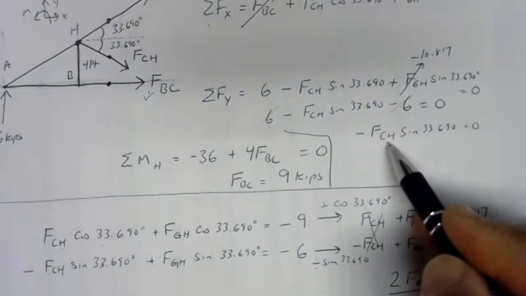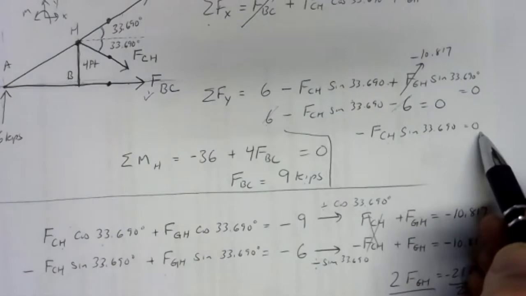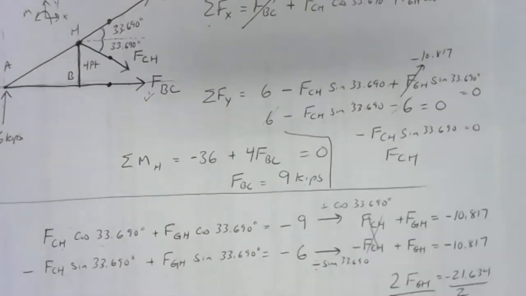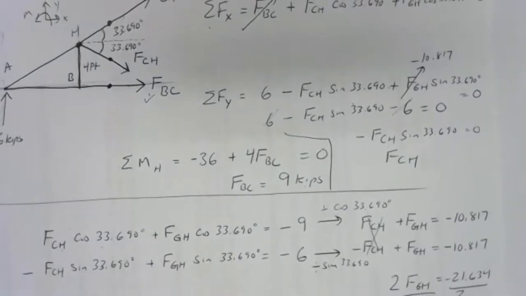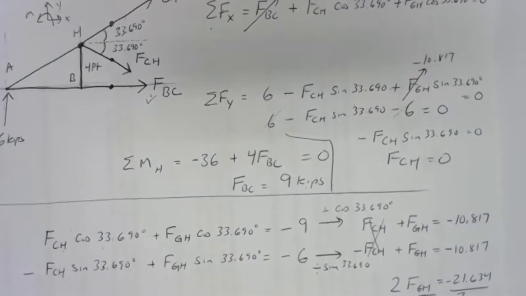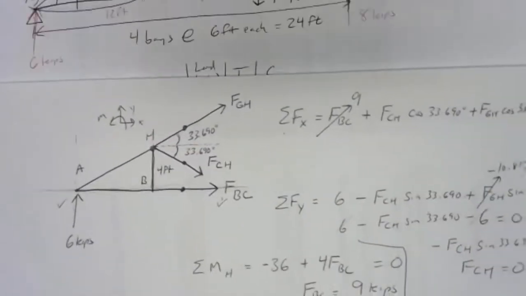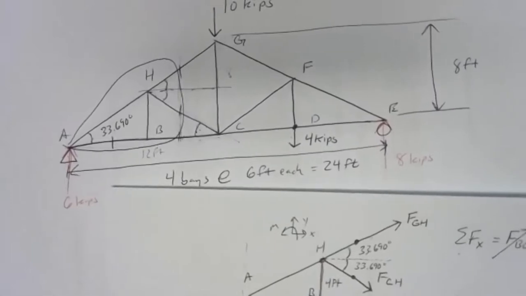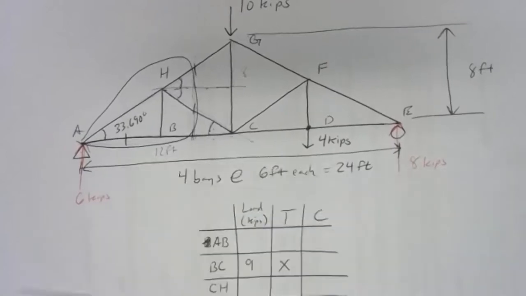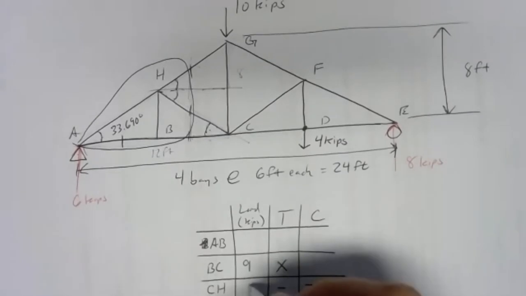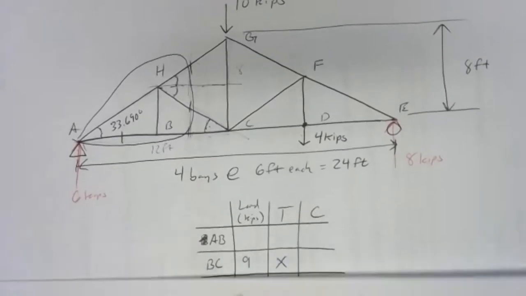The only way FCH times the sine of something could be 0 is if FCH is 0. So FCH is 0. It's unloaded. So under this particular loading, member CH doesn't carry any force. We can't say whether it's in tension or compression because it's not carrying anything.